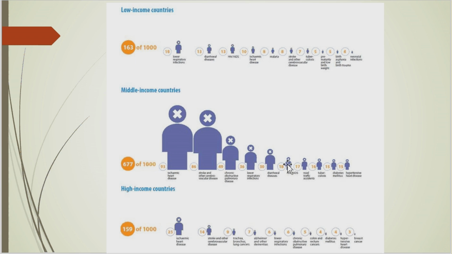Diarrheal infections and HIV/AIDS are all infectious diseases, and they're very important in middle-income countries. In high-income countries, things like the cancers and the dementias are a mixture of physiological and hereditary diseases and certain environmental diseases.